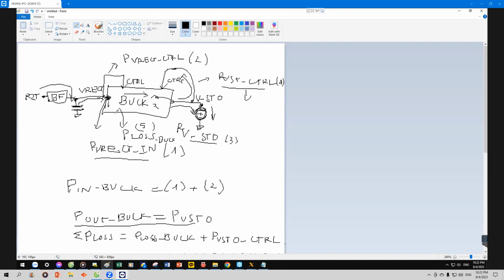Feedback in is the input power going to the PMOS. Here P1, power one, is power going to PMOS plus control in VRAM.